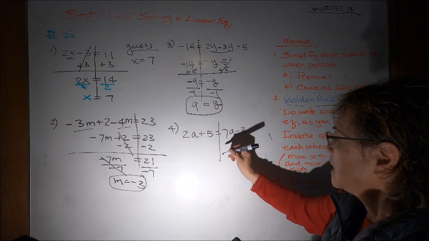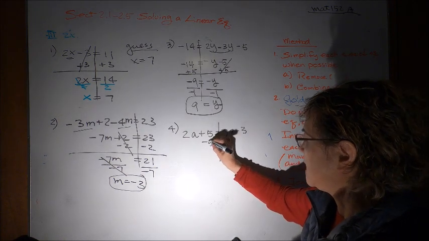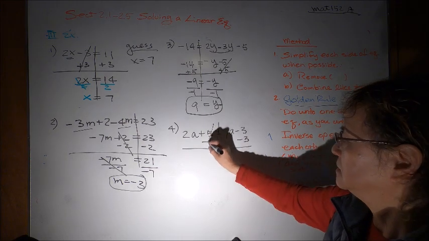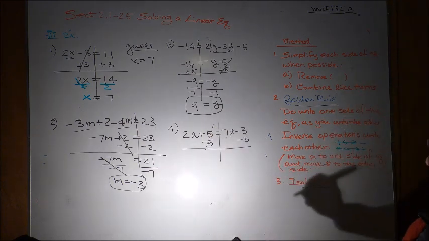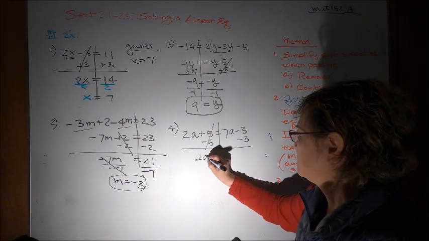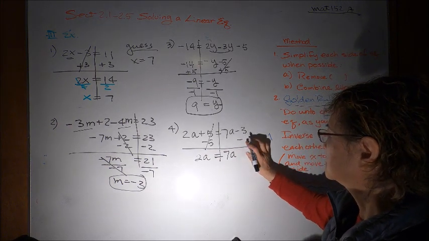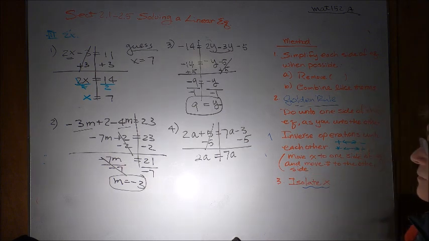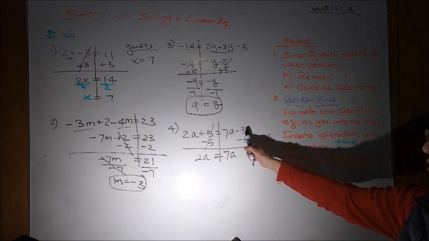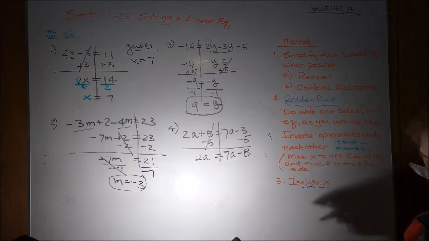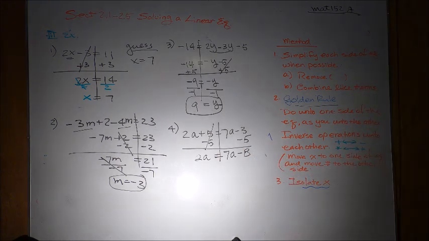So I will move the number away by doing the opposite, right? So that goes away. We have 2a equals what? 7a. Oops, typo. So negative 3 minus 5 is what? Negative 8. Is that right?